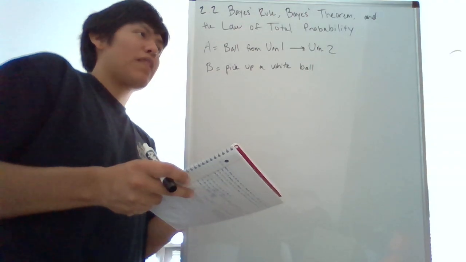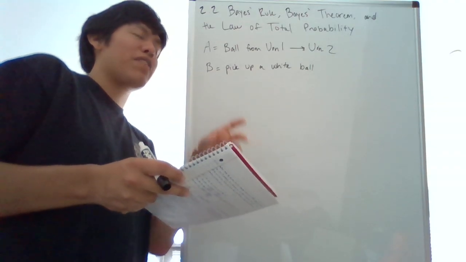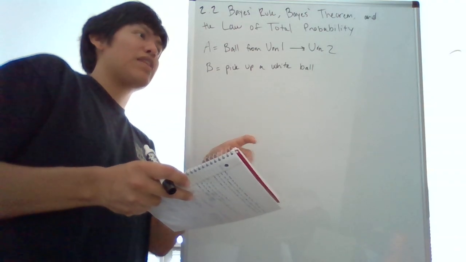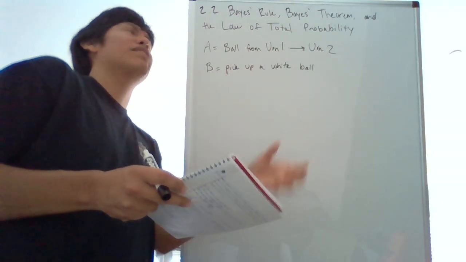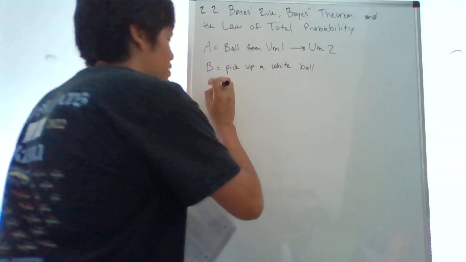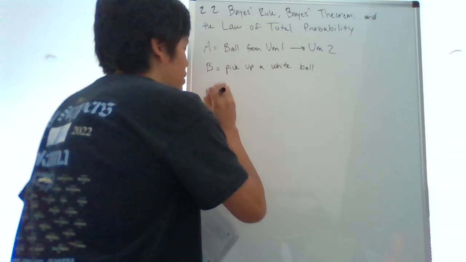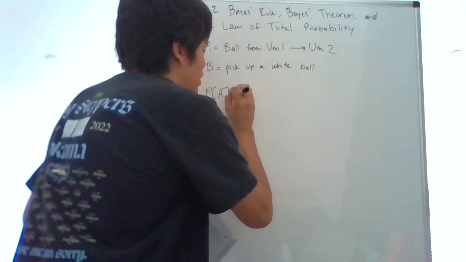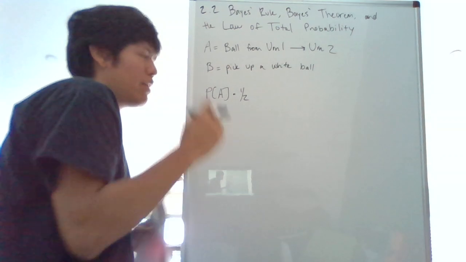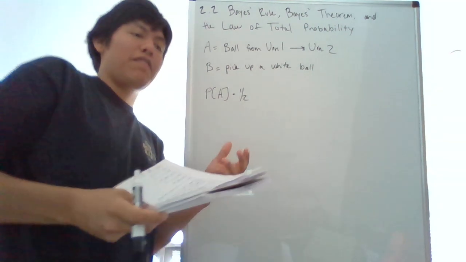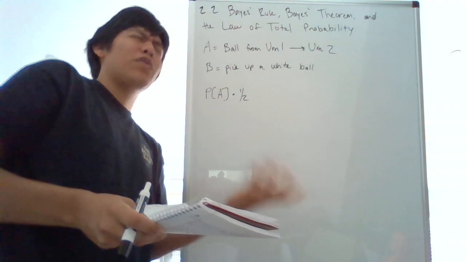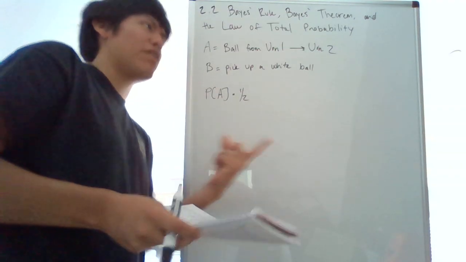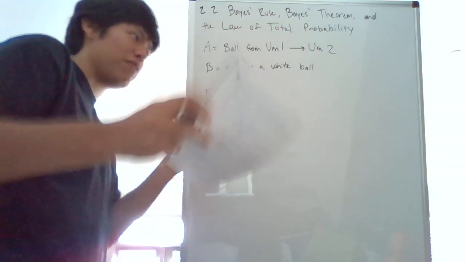So the probability of A, me closing my eyes, picking a ball, and it's white, is 1/2. And similarly, if I pick a ball to move and it's black, the probability of A complement is also 1/2, again because there are 2 of each.